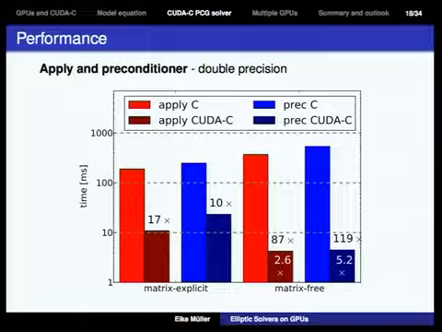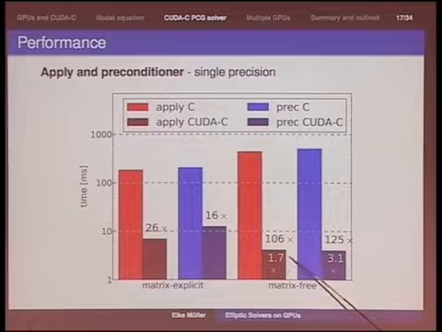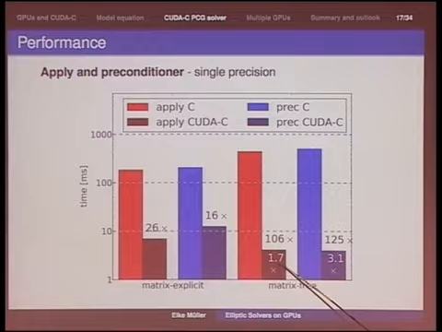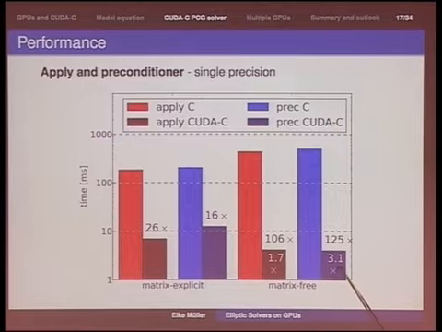One thing I haven't said on the previous slide is that these black numbers are always the speed-ups relative to the CPU code. These white numbers are the speed-ups of the matrix-free code relative to the matrix explicit code. So here we find this is 1.7 times faster than this one for the apply function. For the preconditioner, it's a factor of 3 faster for single precision.